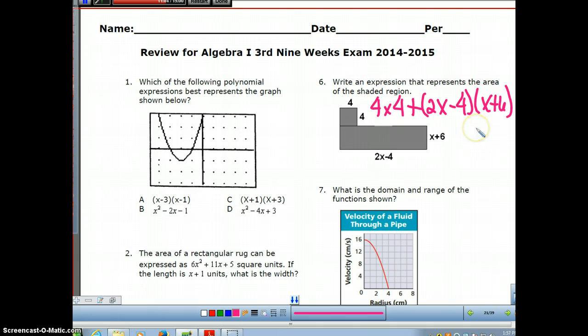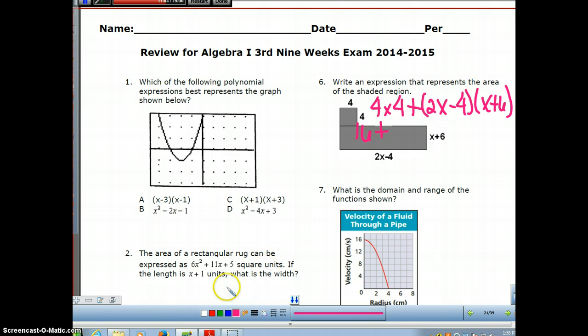Should I keep going? Is this the simplest it could get, maybe? No. I should keep going, right? Yes. All right, so we've got 16 plus, what should I do with these? Do FOIL method.